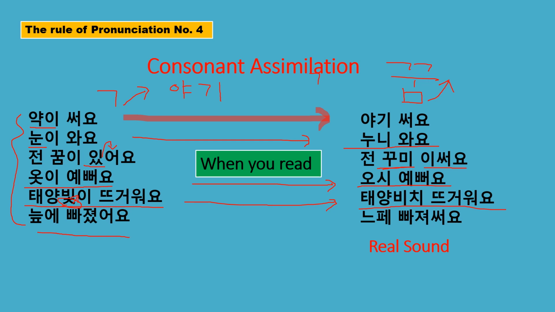Alright, last one. 늪에 빠졌어요. Okay? The consonant 피읍 jumps up to 에. Okay? So 늪에 빠졌어요.